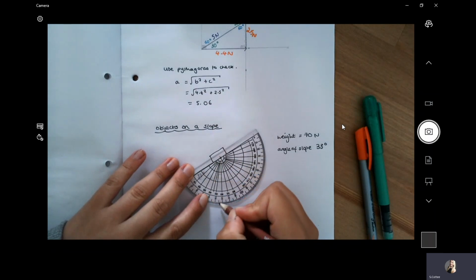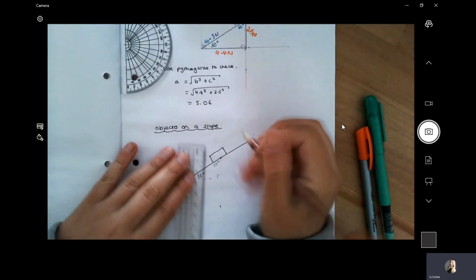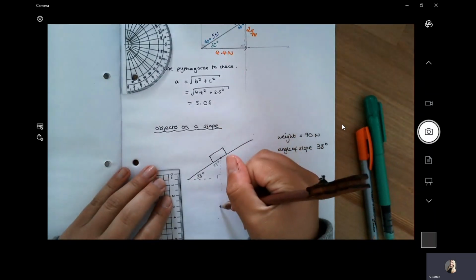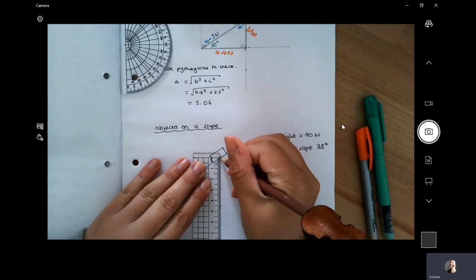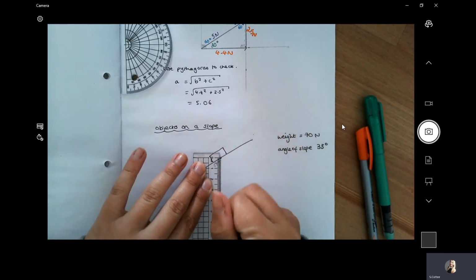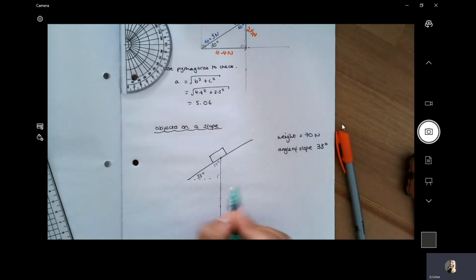So there's 50, 5, 6, 7. So now I can make that my weight connecting with this. If it's 70 newtons, I might want to make this be 7 centimeters. So there is my weight of 70 newtons.